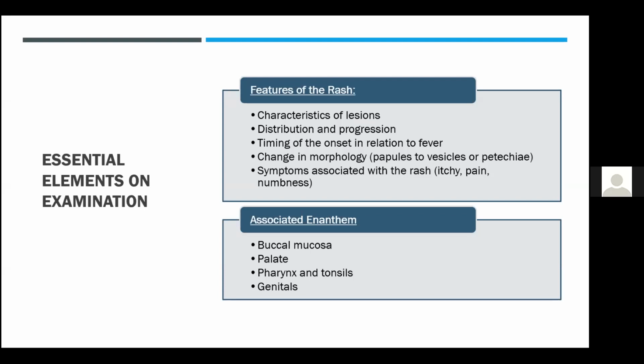And all these things can be clues. And then how does the rash progress? And then is the rash painful or itchy? And then you want to look at the associated enanthem. Are there lesions in the mucosa? The buccal mucosa, the palate, the pharynx, and in the genitalia.